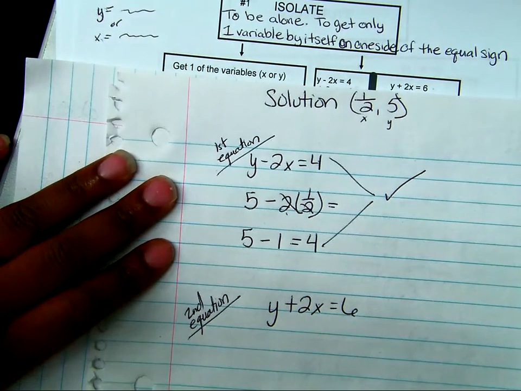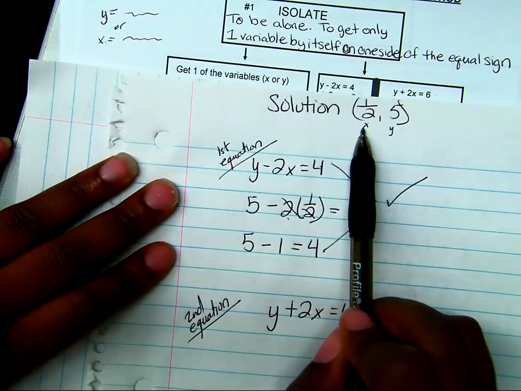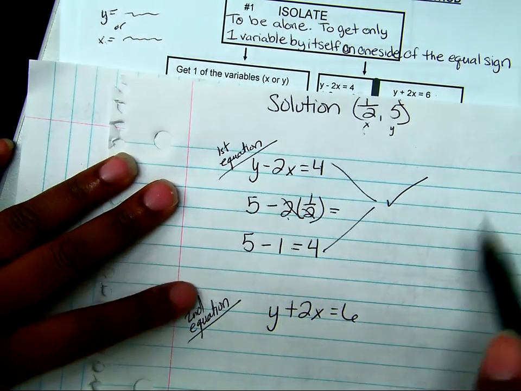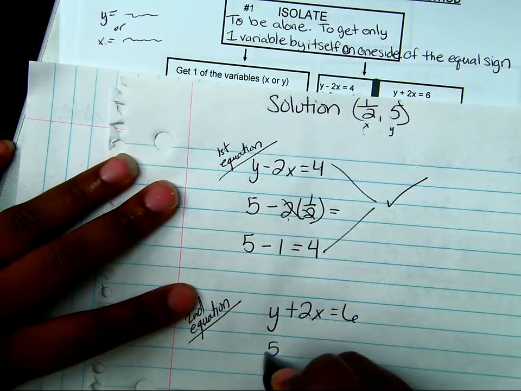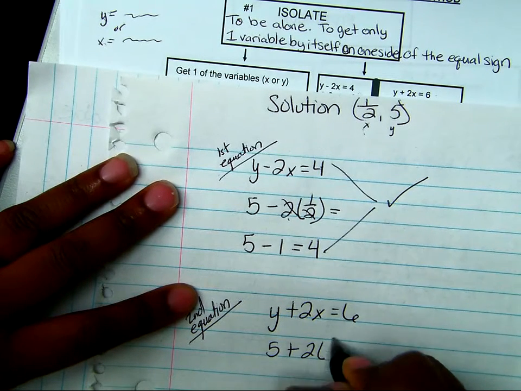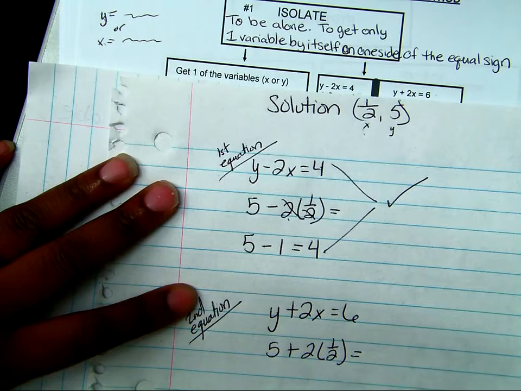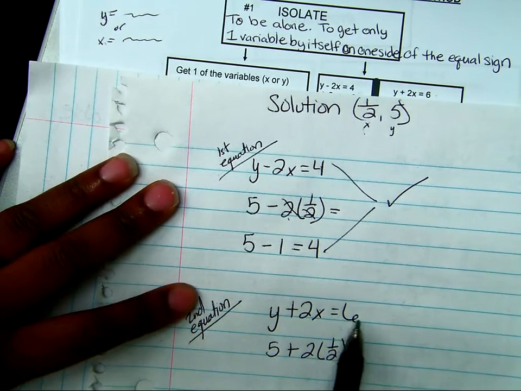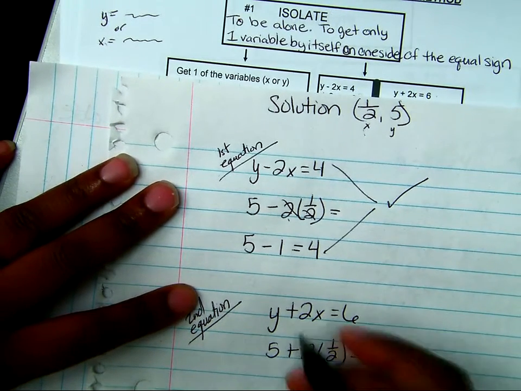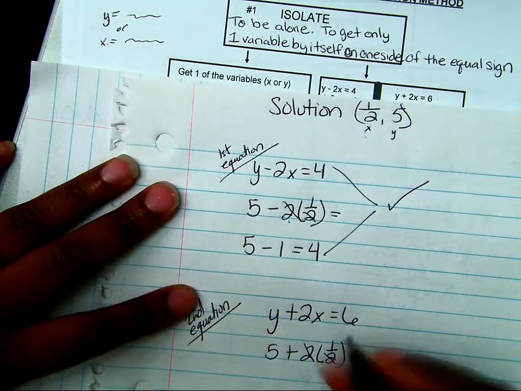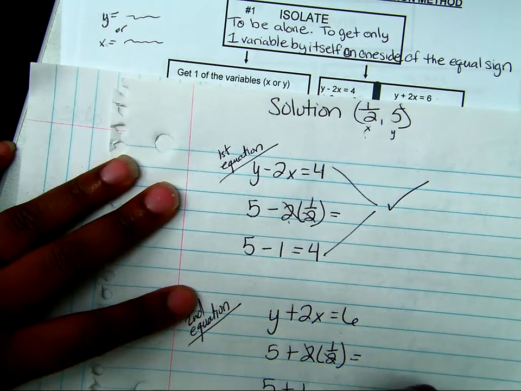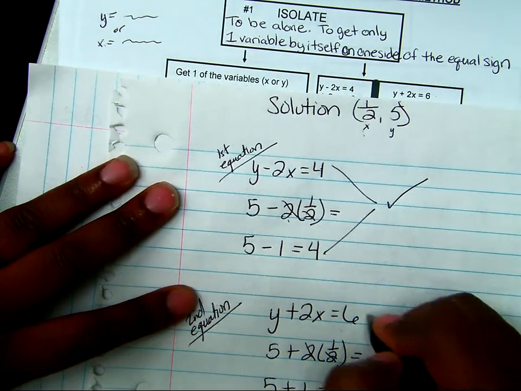Remember, wherever I see an x, I'm going to put in a 1/2. Wherever I see a y, I'm going to put in a 5. So 5 plus 2 times 1/2 equals, I want to know what that equals. I'm hoping it's going to equal 6. So this, we know, cancels out, and it becomes 5 plus 1 equals, 5 plus 1 is 6. They are the same. Check.